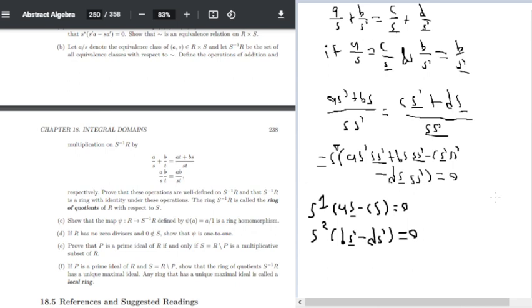Something to note is that there's an S in this and not an S in that. So first of all, if we have S and S bar, we're able to factor out everything.